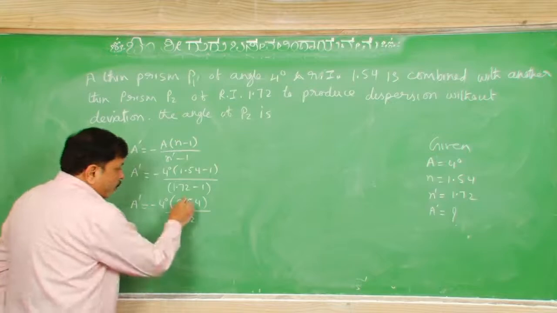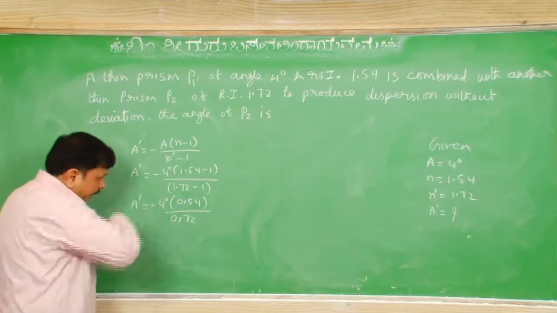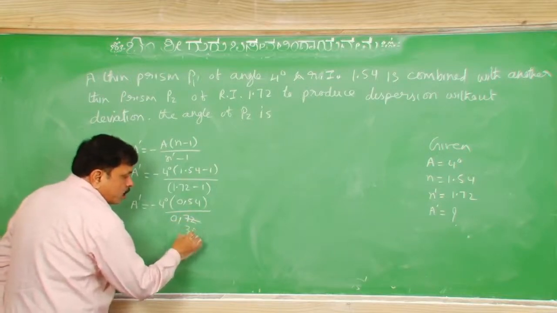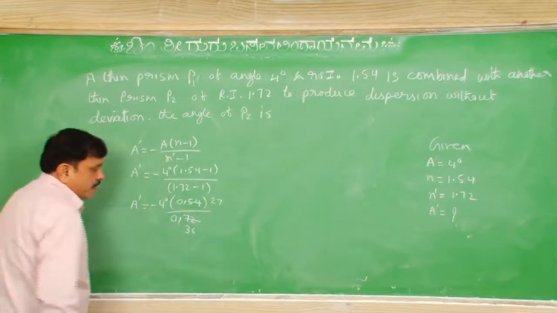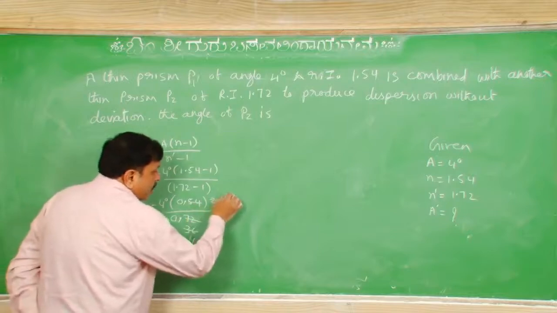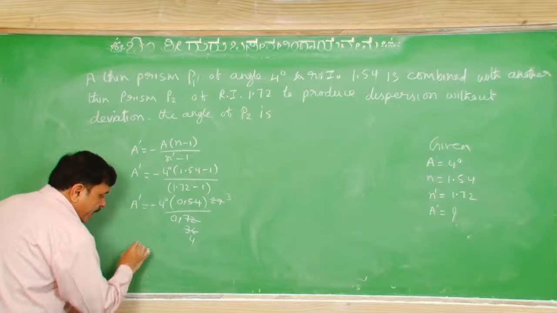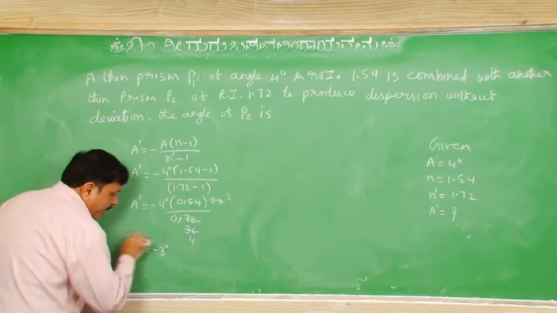Now remove the decimal points and cancel: 54 by 72, cut by 18, gives 3 by 4, and 4 cuts with 4. We get A dash equal to minus 3 degree, which is the angle.